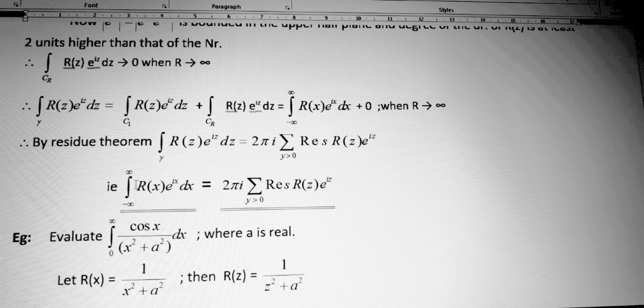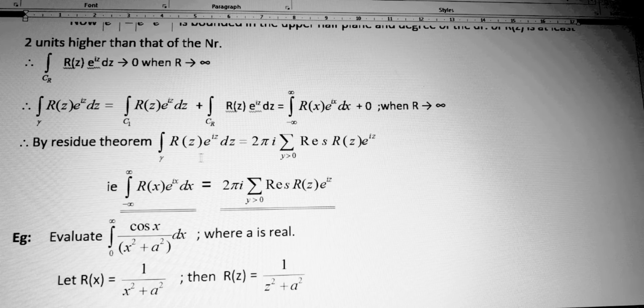Therefore, we get the integral from minus infinity to infinity of R(x) e^(ix) dx equal to 2 pi i times the sum over y greater than 0 of the residues of R(z) e^(iz).